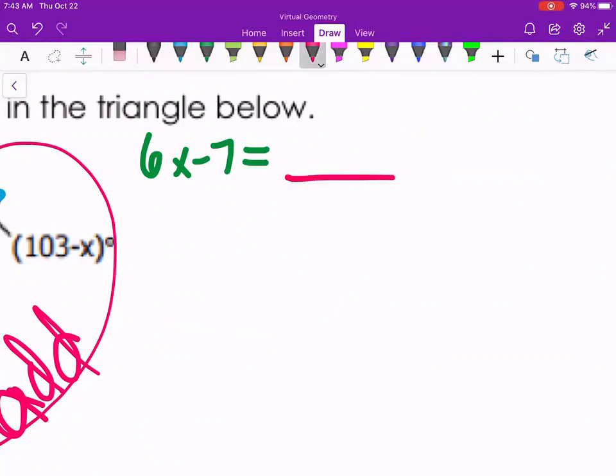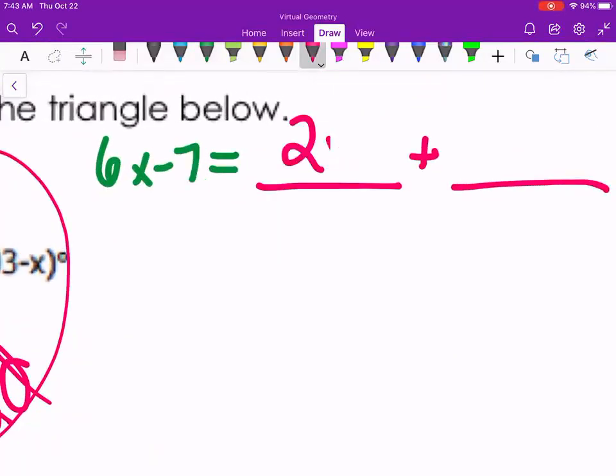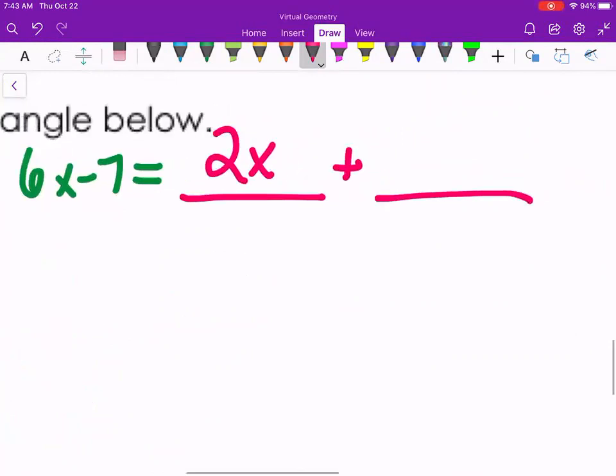And we need to make sure we know exactly what two angles inside the triangle do we add up. In this case, that is the 2x and the 103 minus x. And again, just another algebra problem.